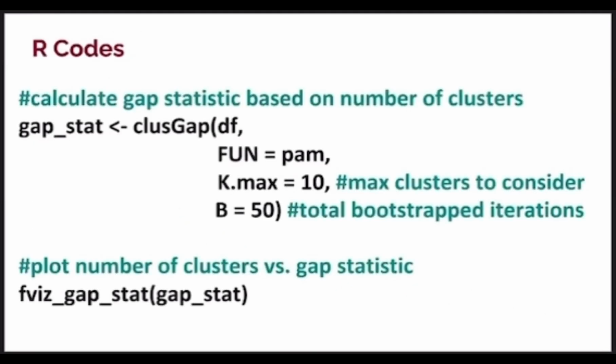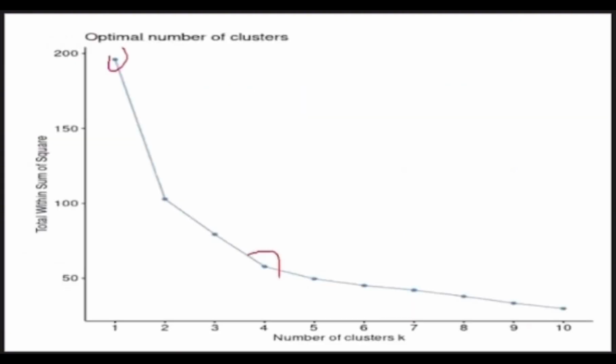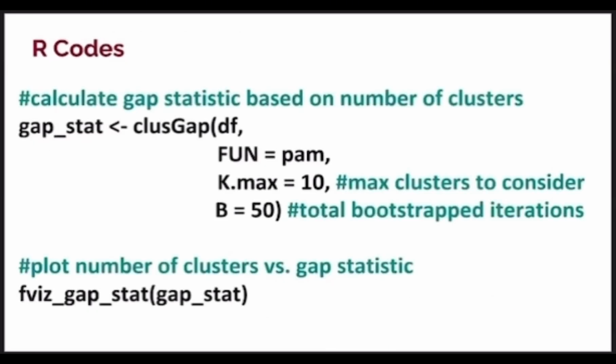Right now, because we have different kinds of evaluation methods that we can rely upon, we can also look at the gap statistic. The same criteria that we use in evaluating the K-means algorithm, we also use for K-Medoid.